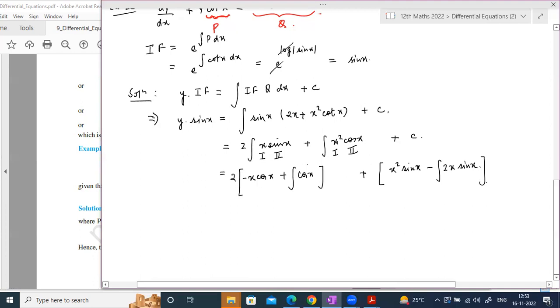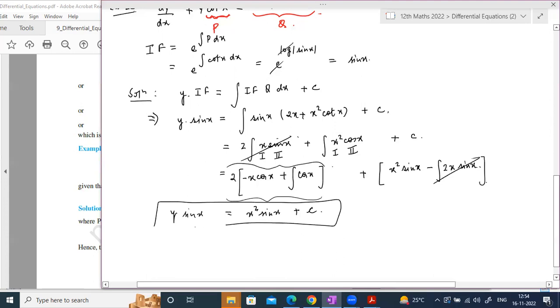And we have observed here that if we have not even integrated this integral, it will get cancelled, isn't it? It's better to not even integrate that. Let's cancel this out. So the only thing that is left is x square sin x. The simple answer of this equation is y sin x is equal to x square sin x plus c.